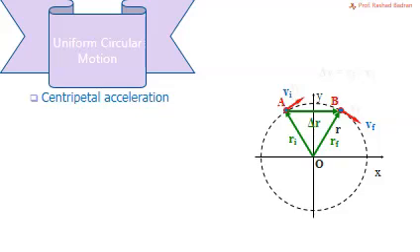Well, to prove that this centripetal acceleration is v squared over r, we simply want to look at this figure. Let's consider the radius.